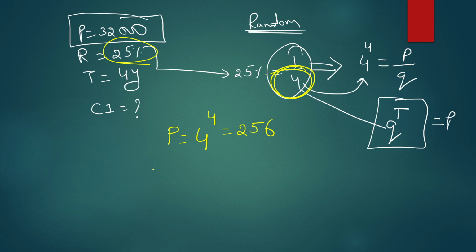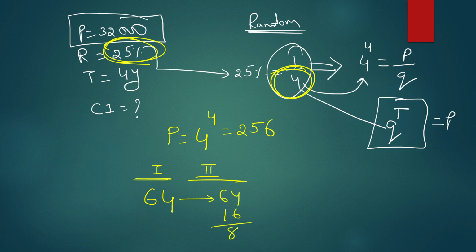For the first year I am going to pay 25% or 1/4 of 256, which is 64. For the second year I need to pay an interest of 64 plus 1/4 of 64, which is 16. For the third year I pay this 80 along with 1/4 of 80, that is 20.